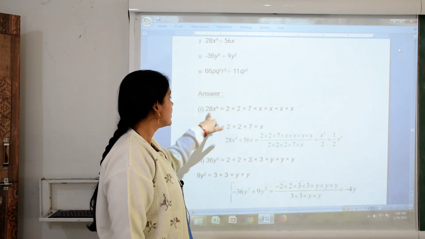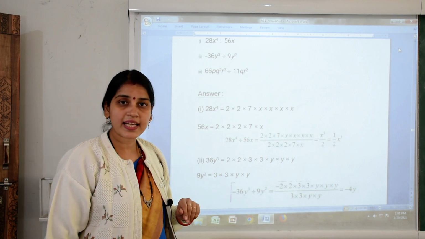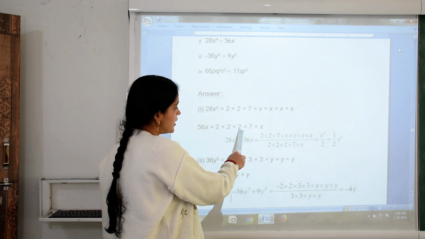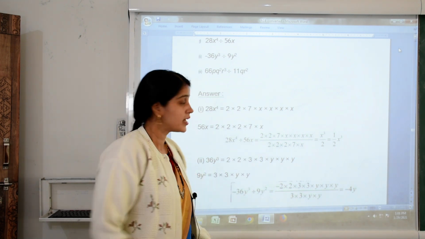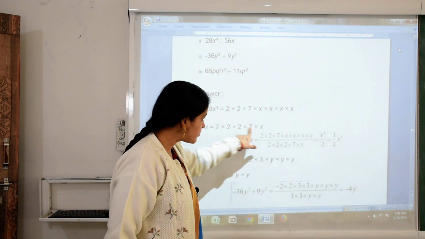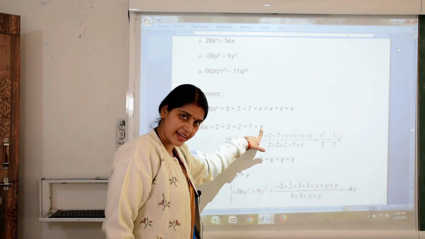Then the second one is 56x. So the factors of 56 are 2 into 2 into 2 into 7, and x 1 time, so multiplied by x. This is the multiplication sign and this is x.